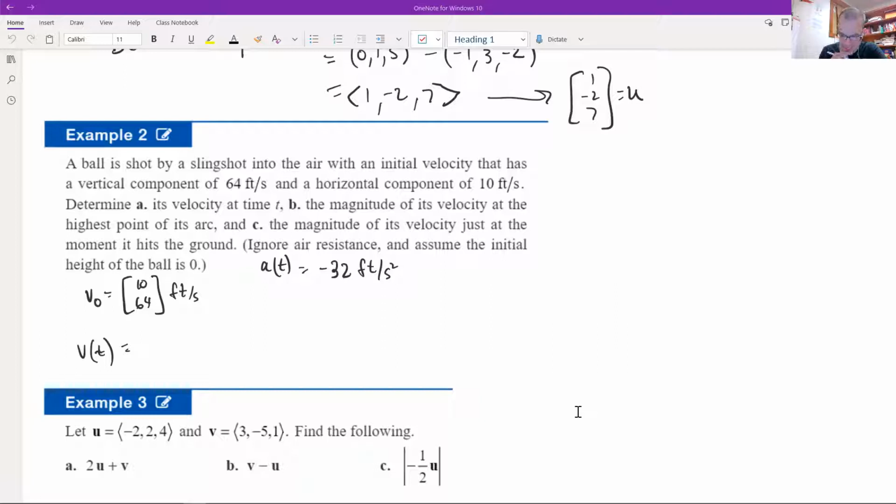And so the velocity, if we take an antiderivative, would be negative 32 times t, and then plus whatever our initial velocity is, which in this case happens to be 64. So here, I'll write it as v0, and then we'll fill that in.